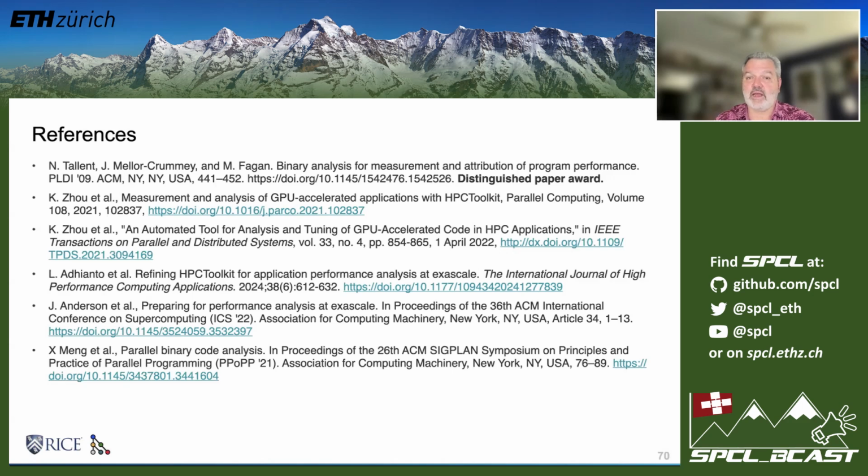For this large scale analysis, there was a paper by my student, Lai Wei. We were looking at these large scale traces, and he had a taxonomy of problems like serialization and load imbalance.